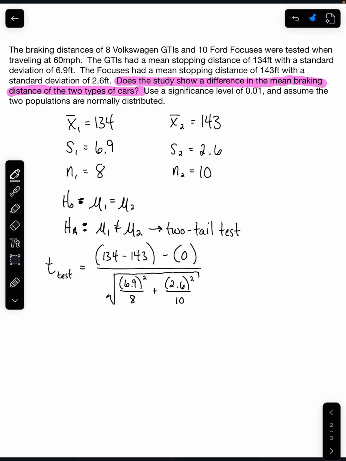Or if we're using critical values, same idea. It produces a situation where the critical value and the test statistic are so close together that you really need to be as accurate as you can be. So we try not to round too much.